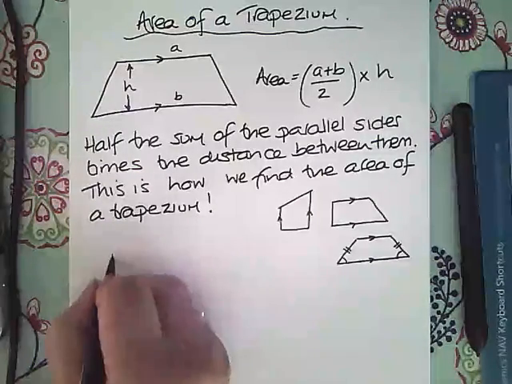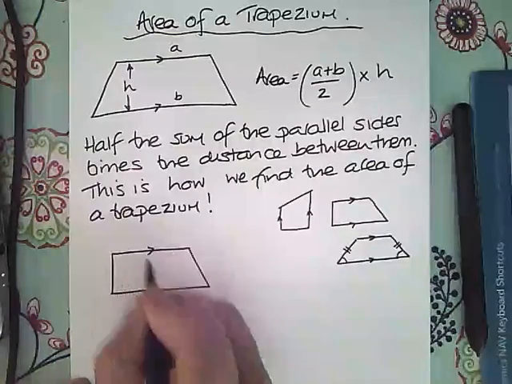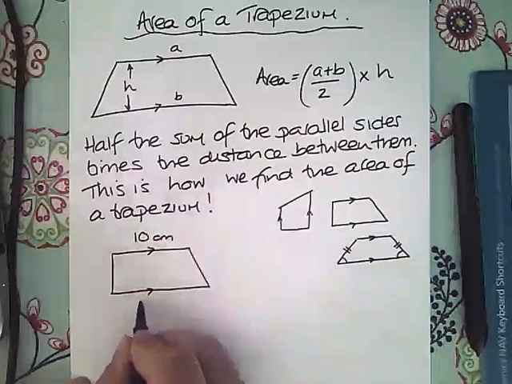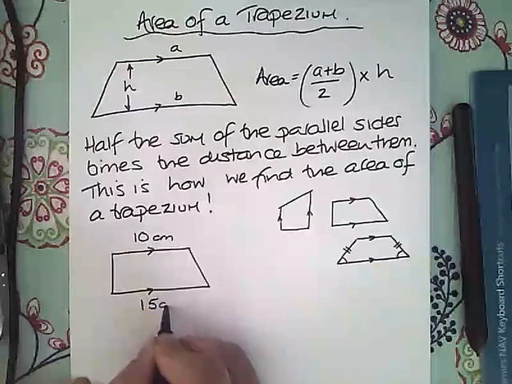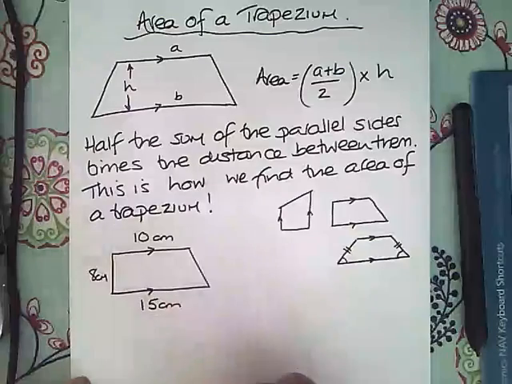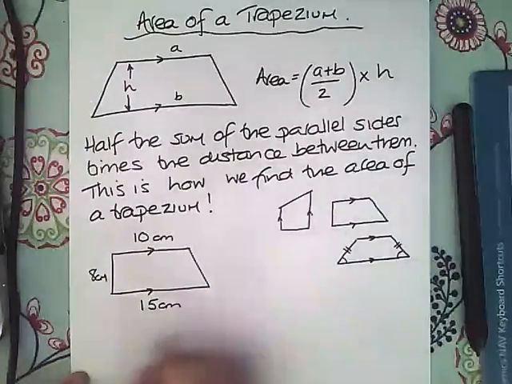So if I do an example here, let's say this is 10 centimeters long, this is 15 centimeters long, and they are 8 centimeters apart. We write down this formula.